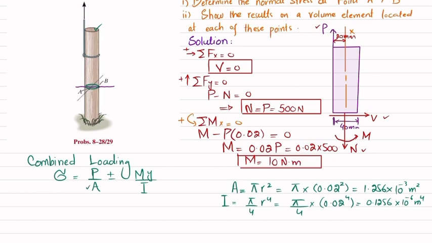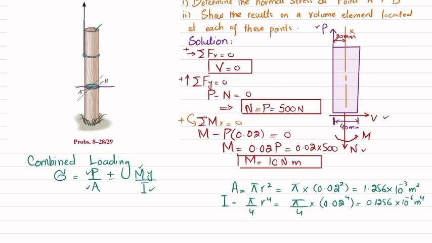Now you have A, you have I, you have P, you have M. So you can see that here this is the load, and this is the load, and there is a moment at this. So on the side of B there will be a compression, it will be like this. There will be compression on this side and there will be tension on this side.